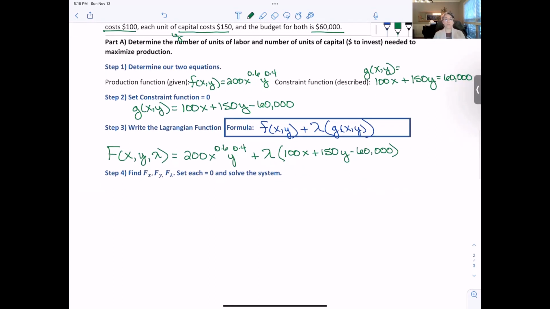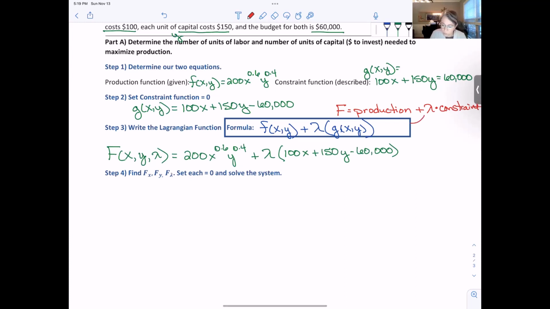So in step 1, we figured out what our two equations were, the production and the constraint. We went ahead and set the constraint equal to 0. A lot of times they will even give you the constraint with no equal sign, no 0. They'll just put this plus that, or this plus this minus that as the whole constraint. And then we write it in the Lagrangian function: capital F equals the production plus lambda times the constraint.